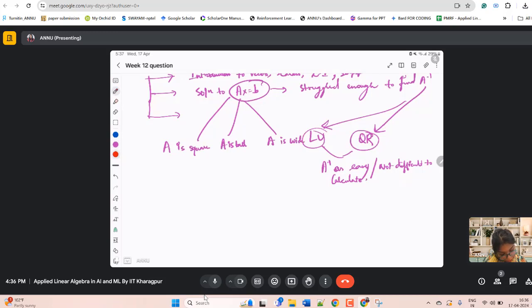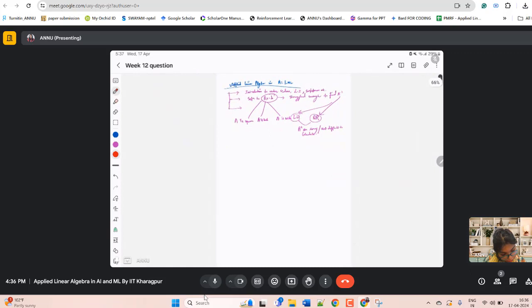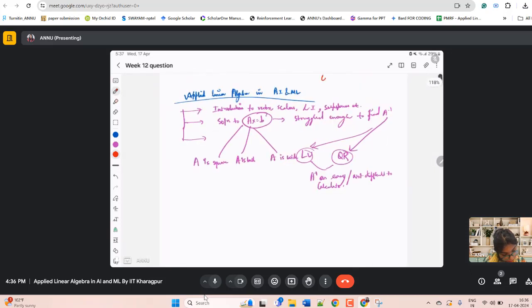So if the term comes consistent and non-consistent, consistent means solution exists, non-consistent means no solution exists.